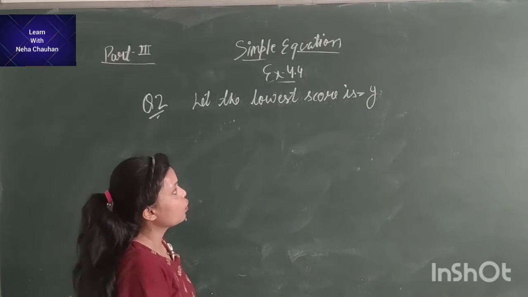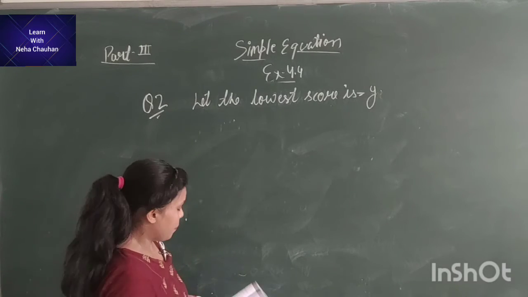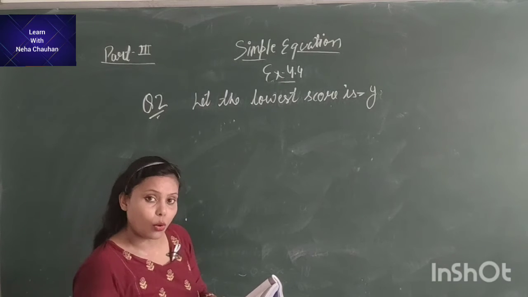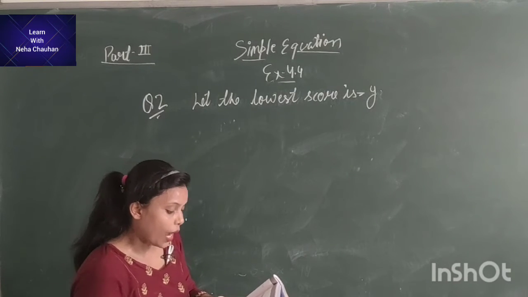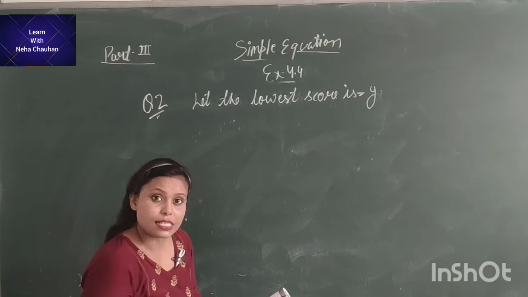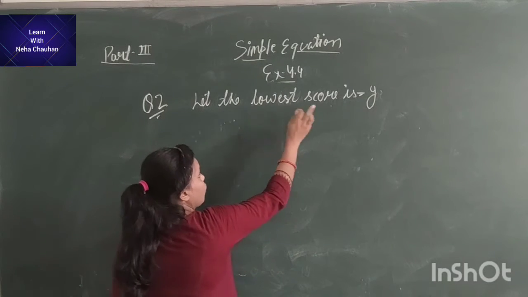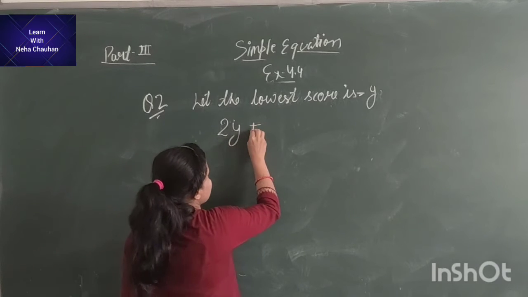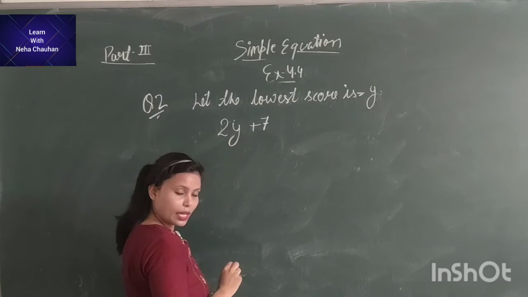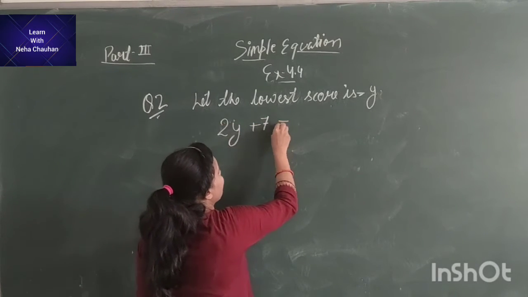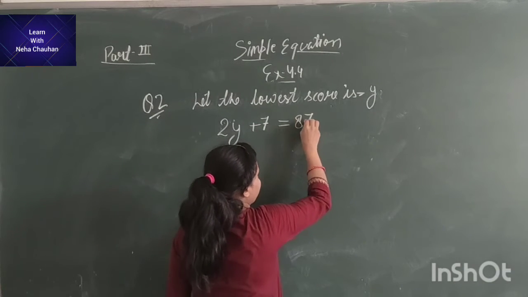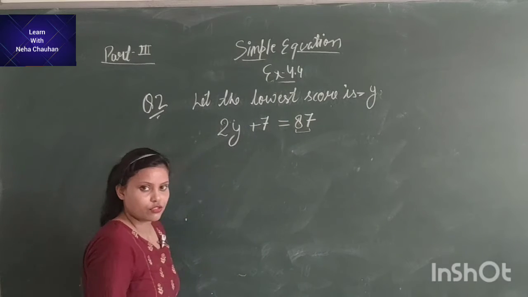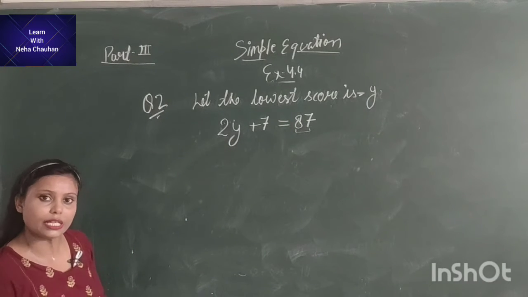The condition is given that the highest score is twice the lowest number plus 7, and the highest score is 87. That means if we sum this, we get 87. So this is the equation we formed from the statement.